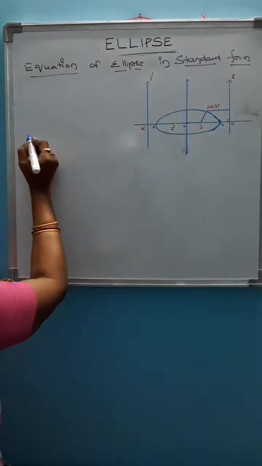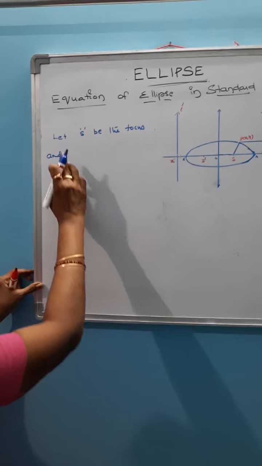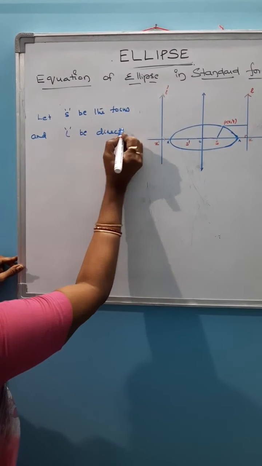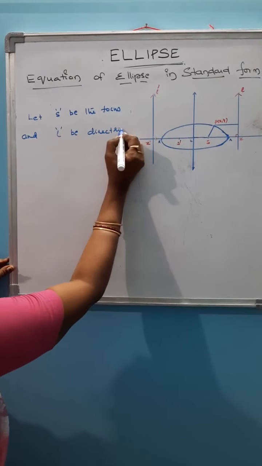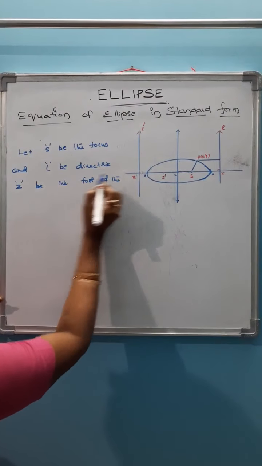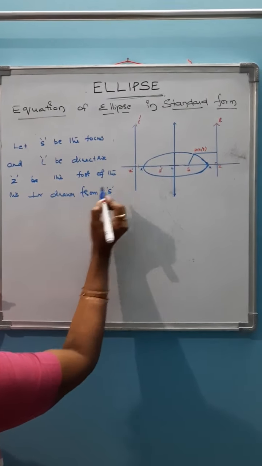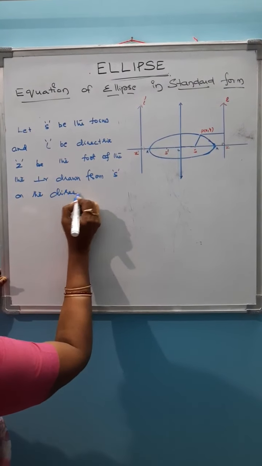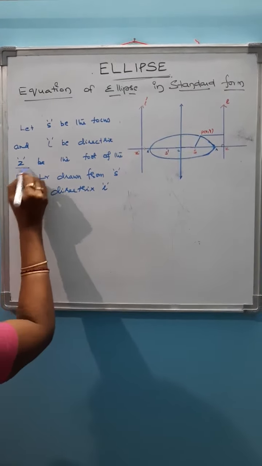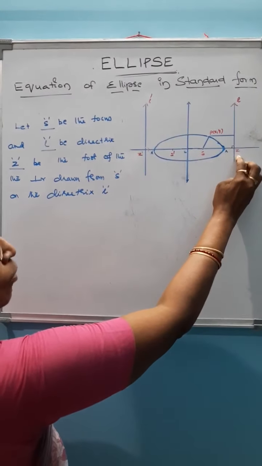Let us write: let S be the focus and L be the directrix, and Z be the foot of the perpendicular drawn from S on the directrix L. Z is the foot of the perpendicular, L is the directrix, S is the focus.